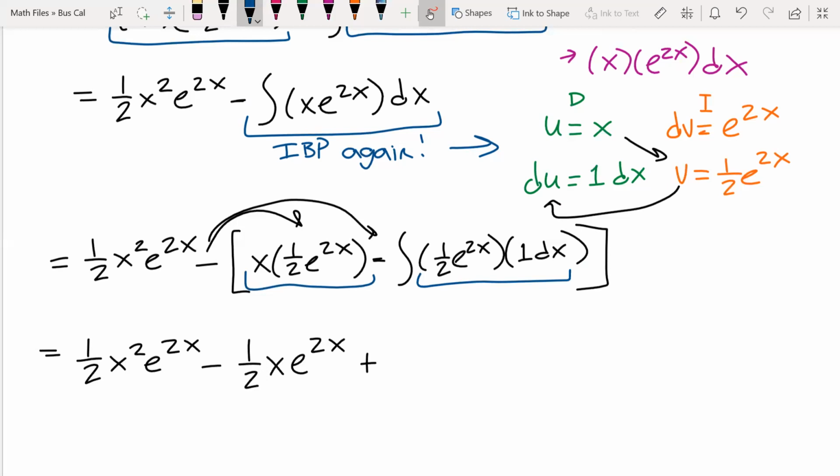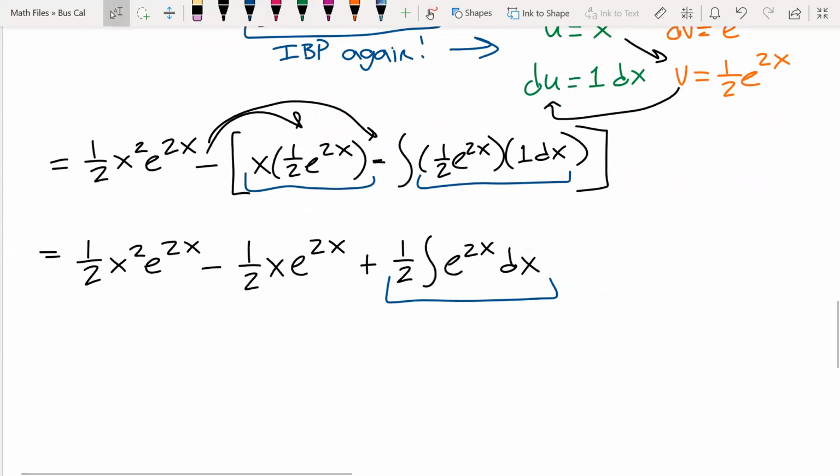But I'm going to pull that 1/2 out. So you're going to get 1/2 times the integral of e to the 2x dx. Okay. And now we have reached an easier integral. We no longer have the integration by parts because e to the 2x is all by itself.